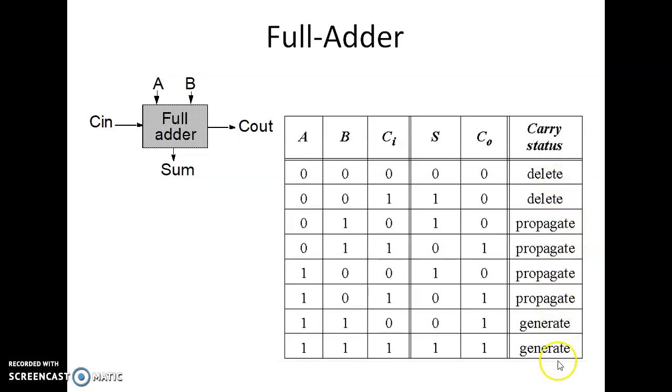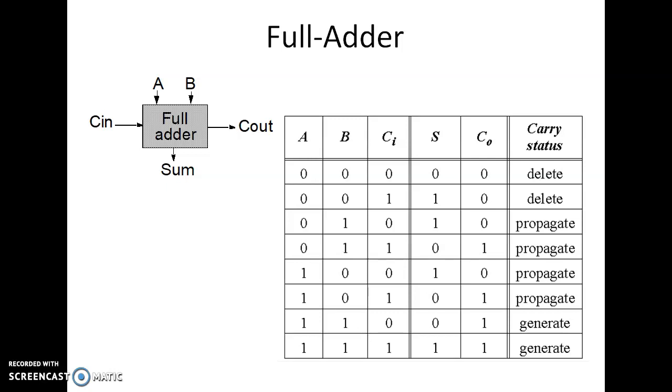These three should be understood in order to analyze many other adders like the Manchester adder, pass transistor based full adder, and transmission gate full adder. Likewise, we have many other adders designed using these concepts. So we should know what delete is. D is nothing but a bar dot b bar, that is a is 0, b is 0.